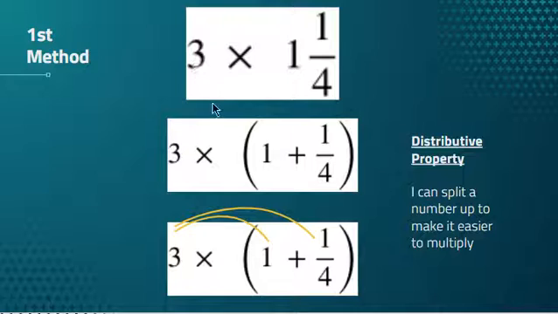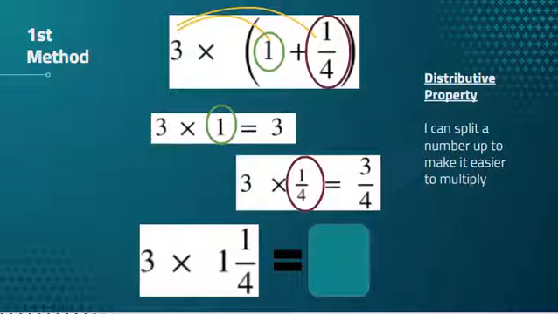What I've done here is use the distributive property. I'm splitting up my 1 1/4, so I'm just multiplying each part times 3 instead of putting them together right away. So what would that look like?